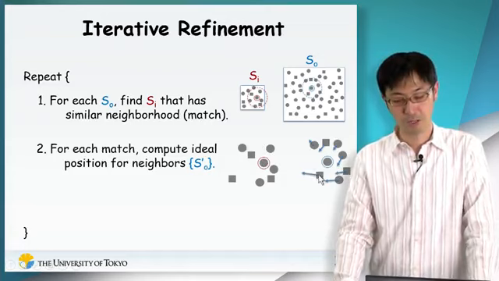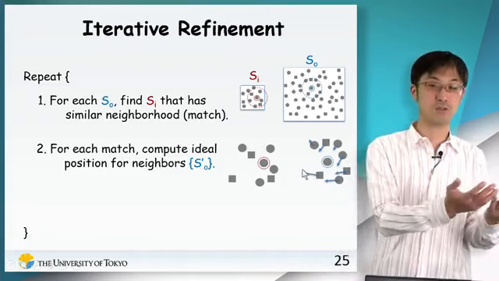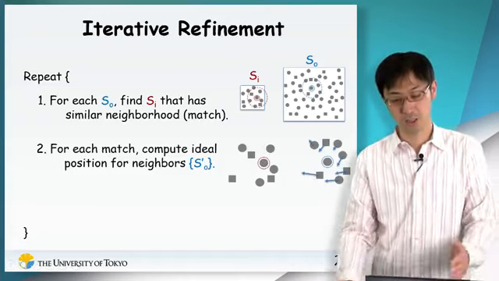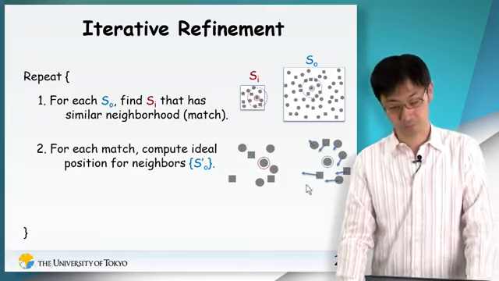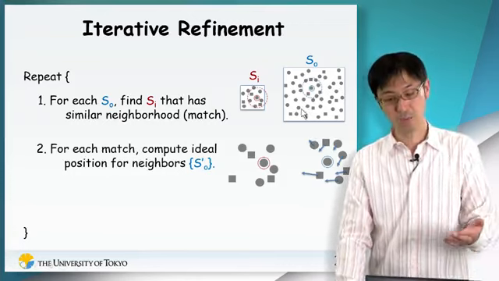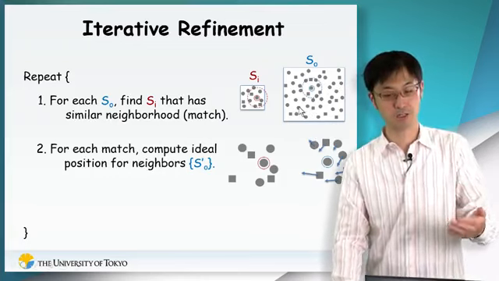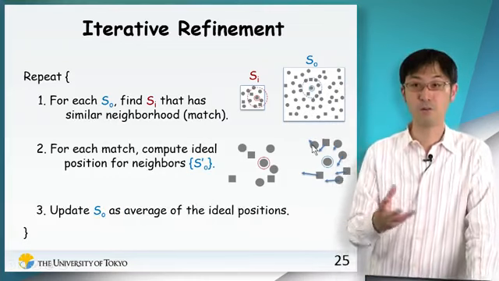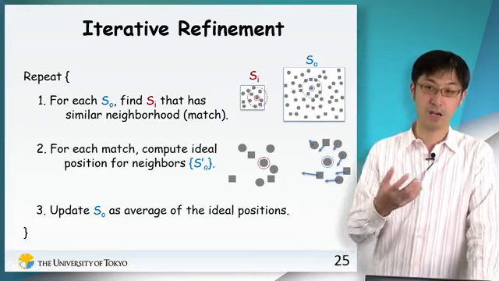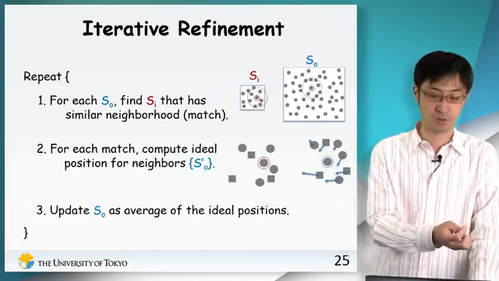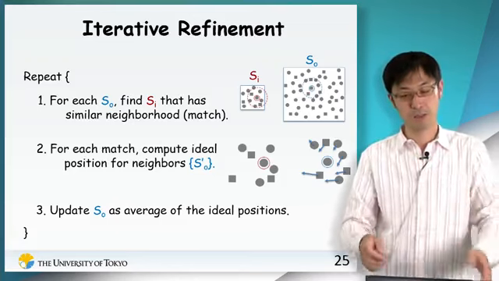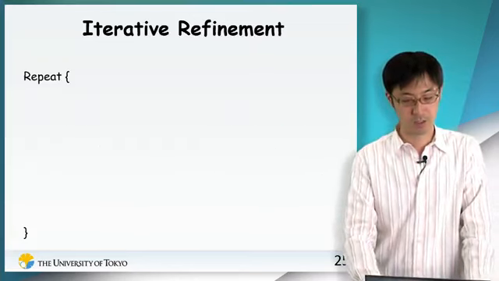In this way, you compute ideal or target positions for each individual element for each match. Each element belongs to multiple matches, so we simply take the average of all the related target positions and then move the object to the target position. By repeating this, you will get this kind of result.